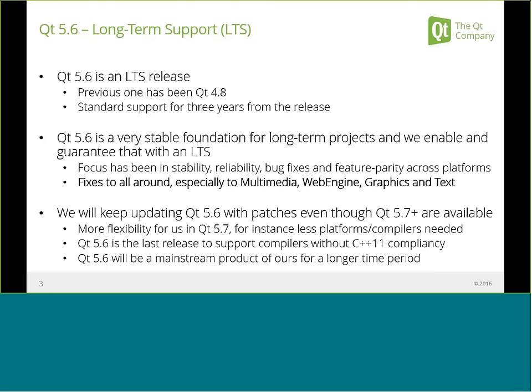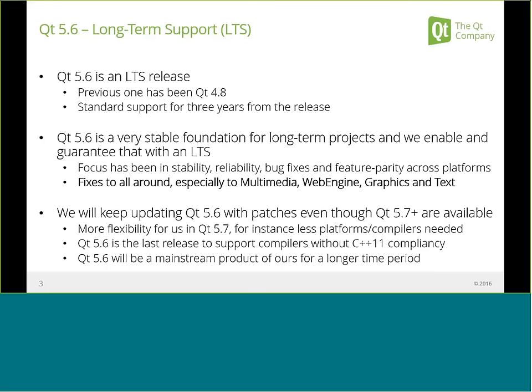So like I mentioned, even though 5.7 and 5.8 would come out and we would be doing releases for them, 5.6 will continue to get patch releases, not just support, but also patch releases for the time of its support. But what this means in practice is that this also gives us more flexibility for 5.7, for instance, in terms of supported platforms and compilers.